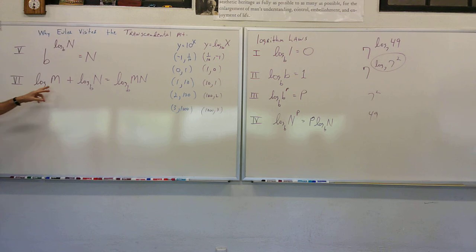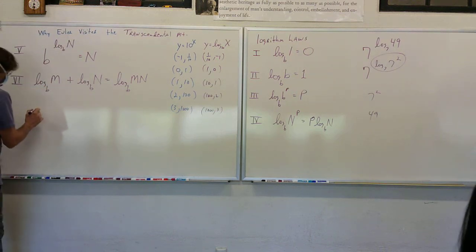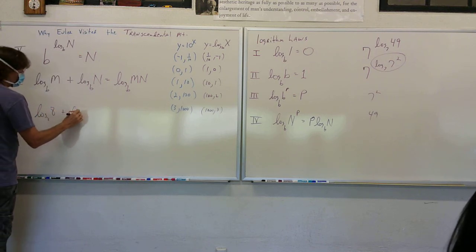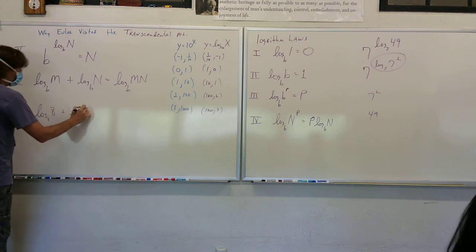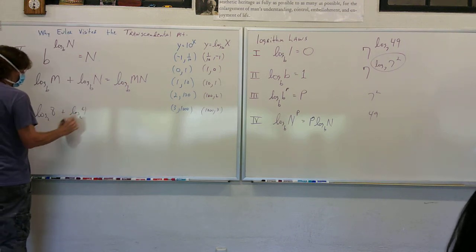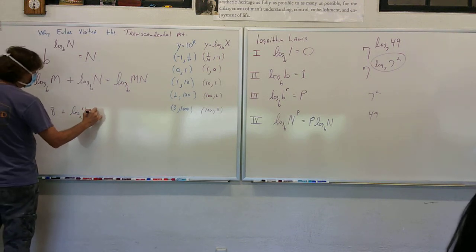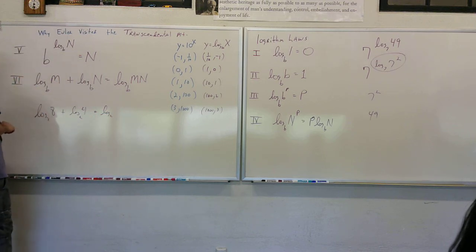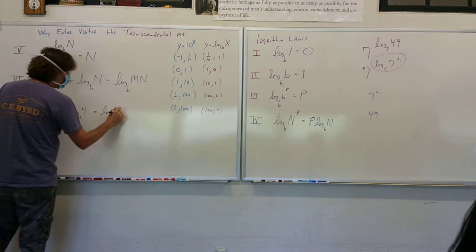And so if it's log base b of, okay, I had log base 2 of 8 plus log base 2 of 4. That's going to equal log base 2 of 4 times 8. What's 4 times 8? 32.